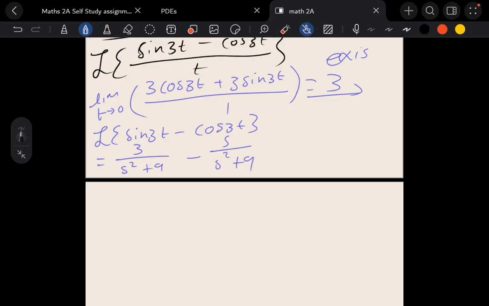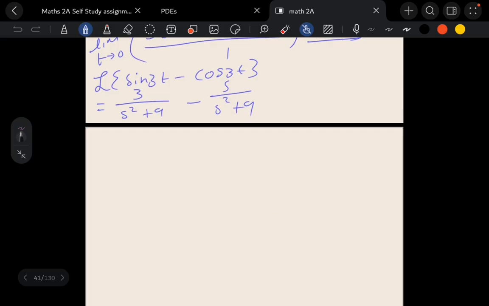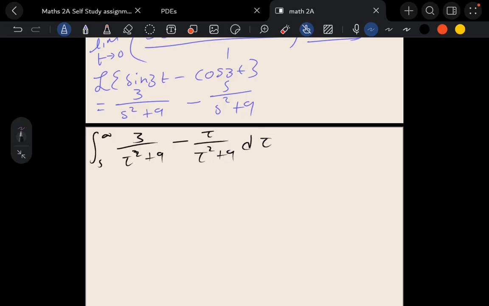After I find the Laplace transform, what is the next thing that you need to do? We need to change that s and put it into an integral. So I'm going to integrate from s to infinity 3 over tau squared plus 9 minus tau over tau squared plus 9 d tau.